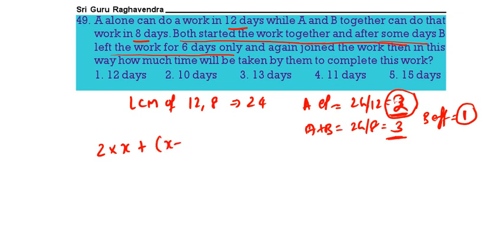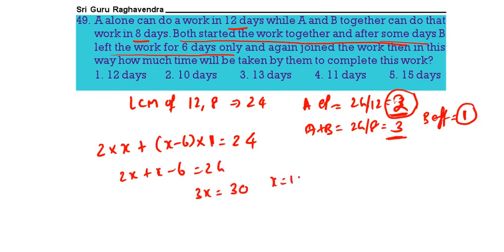So B worked for x minus 6 days with efficiency 1. In this manner they completed the total work of 24. So 2x plus x minus 6 equals 24, 3x is equal to 30, x value is 10. They complete the work in 10 days. 10 is the correct answer.